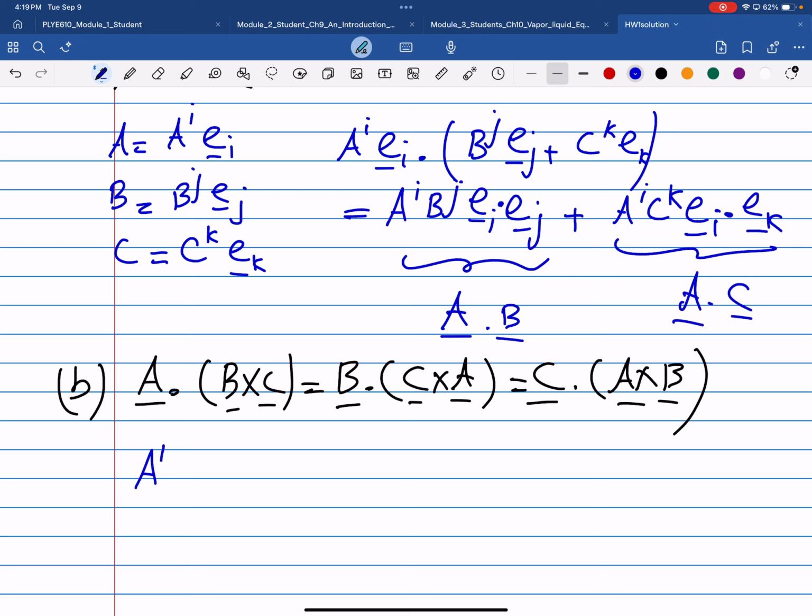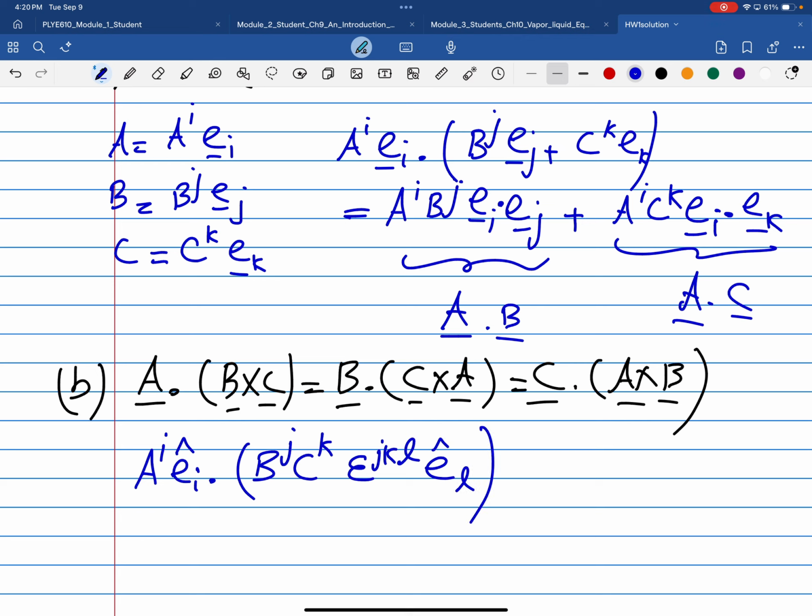I have A_i e_i dot, and because it has cross products, I'm going to consider them in an orthonormal basis, easier. B_j C_k epsilon_jkl e_l, right?